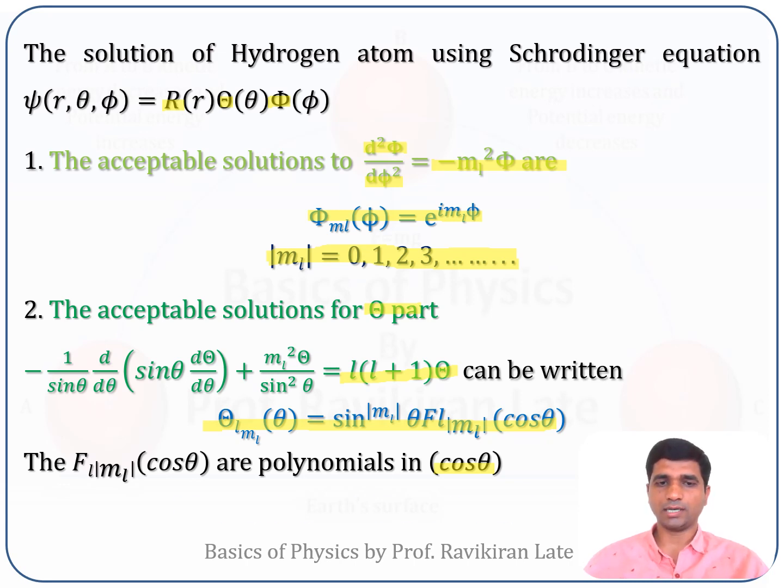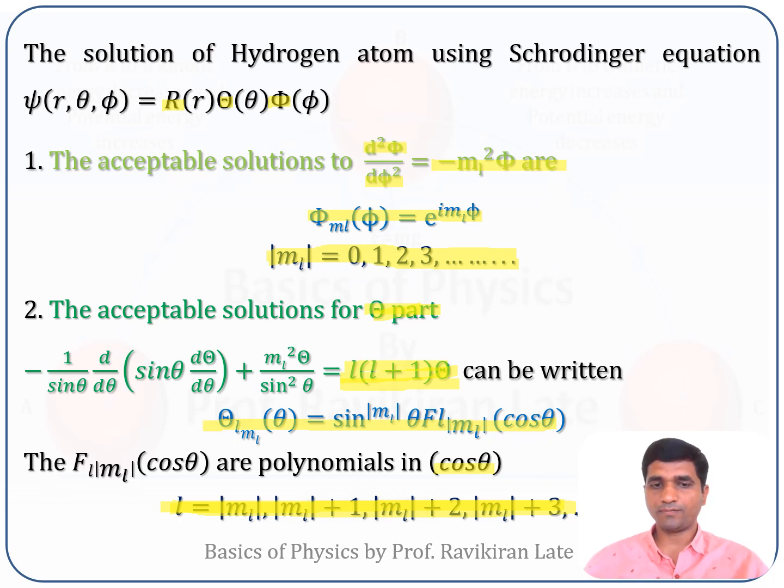If you consider the acceptable solution of the theta part, then it imposes a condition on L, which is in terms of ml, means the constant which we have equated with the right hand side of this equation, that is L into L plus 1 theta, imposes a condition that L can take values of mod of ml, mod of ml plus 1, mod of ml plus 2, mod of ml plus 3, and so on.